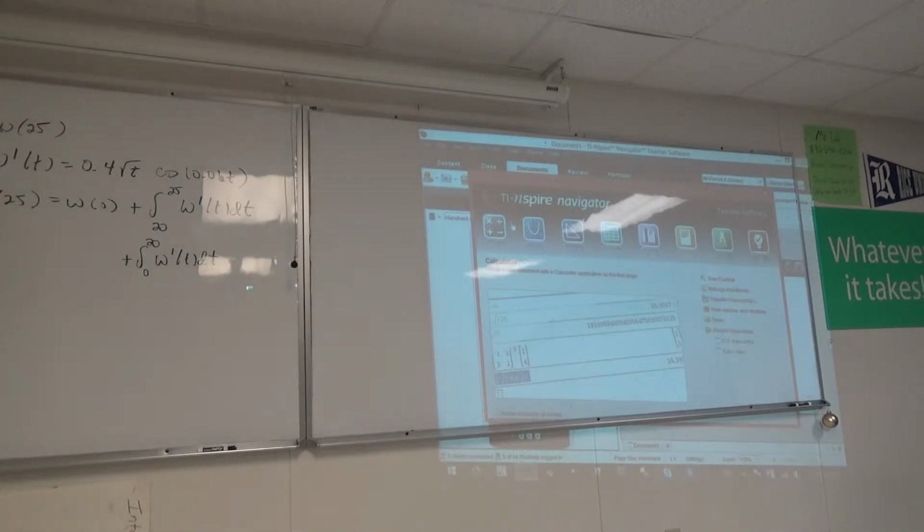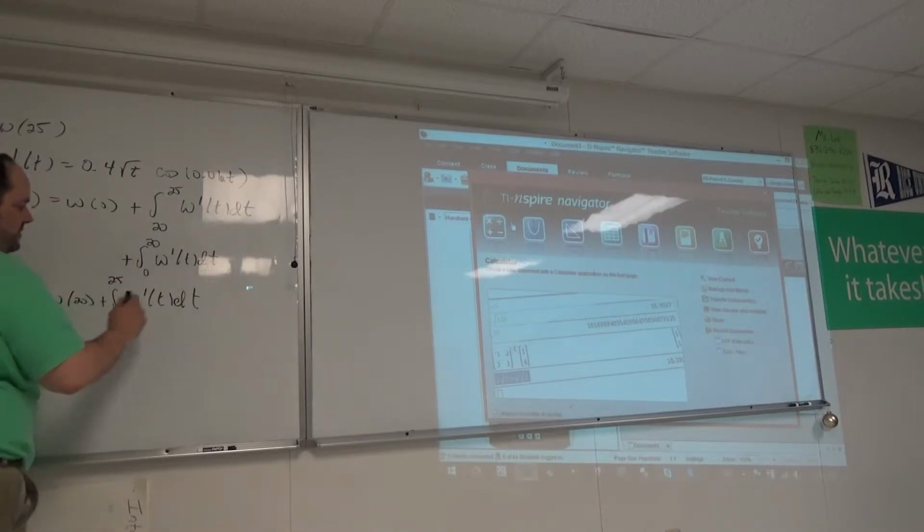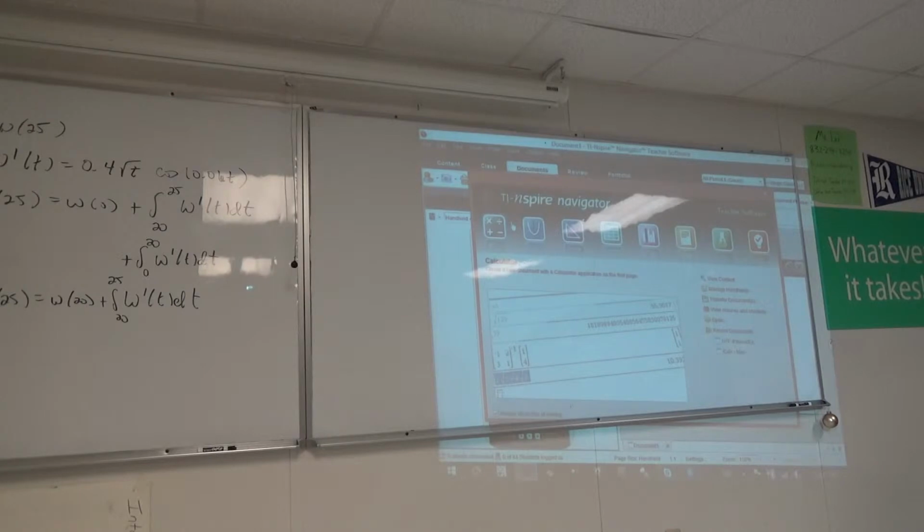Okay, friends over here, what are the thoughts? What do you think? Okay, so you guys are saying W of 25 equals W of 20 plus the integral from 20 to 25 of W prime of t dt? Yes. Okay, who's right? Us.